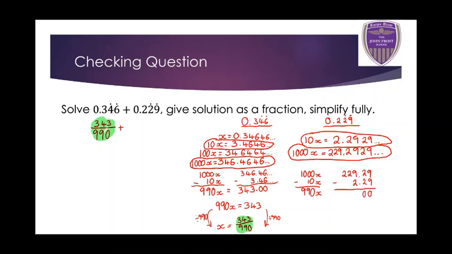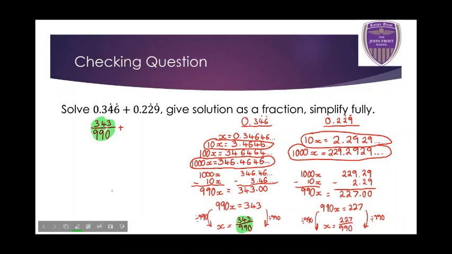Everything after the decimal point is going to be a 0. 9 take away 2 is 7. 2 take away nothing is 2. 2 take away nothing is 2. So we've got 990x is equal to 227. Divide them both by 990. And we get x is equal to 227 over 990.